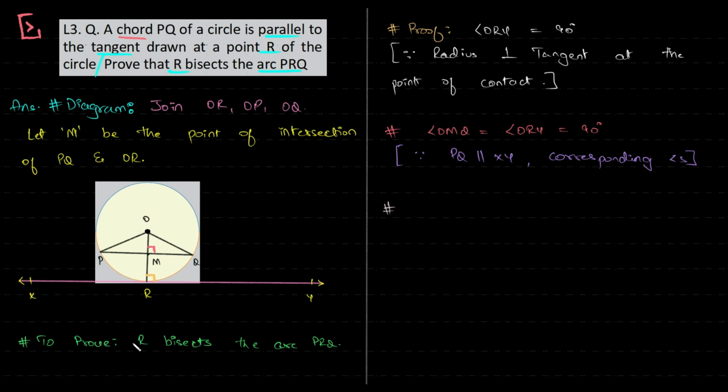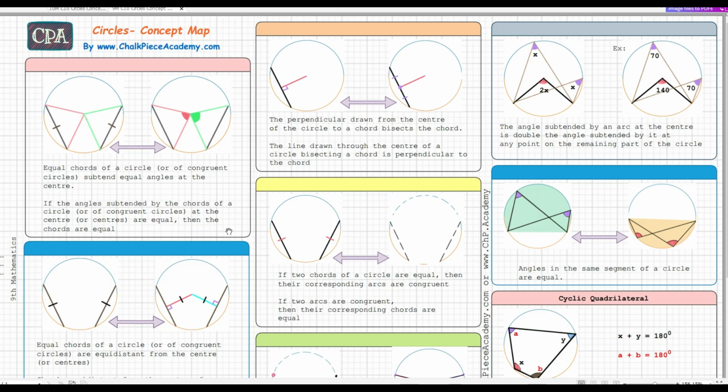Now, with all of this information, what should we do? See, the basic funda is in this sheet. Can you think which funda we can use? Okay, it's over here. I hope you guys found it. Equal chords of a circle subtend equal angles at the center, or equal arcs of a circle subtend equal angles at the center. The converse of this: in place of chord, we can put the word arc.